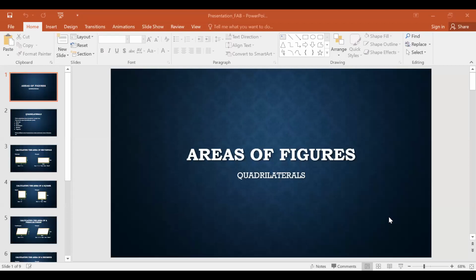Can you see my screen? Yes. Good. We are going to learn areas of figures, and mostly we are going to tackle quadrilaterals. And maybe I can start by asking, what do you understand by the word quadrilateral?